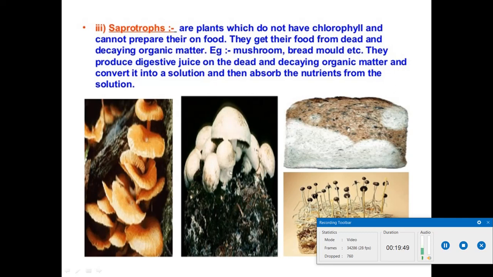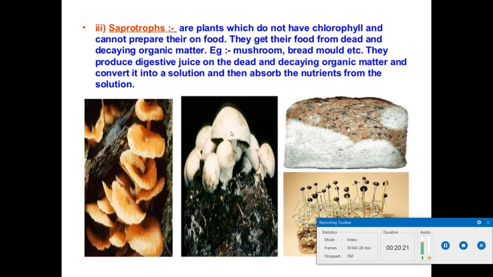So this organism, the mushroom, produces a digestive juice. This digestive juice converts it into a solution and then it absorbs the nutrients from the solution. The decaying organic matter is converted into solution form, and through that solution nutrients are absorbed by this organism. Such an interesting feature.